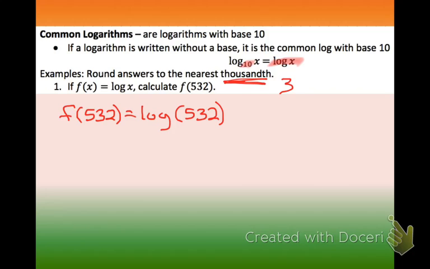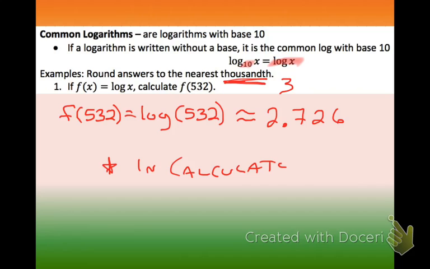So you would push the log button, 532, close your parentheses, and you would hit enter. And it's as easy as that. And when you do that, you'll notice that it is going to be 2.726. So just plug this in the calculator. And that's it. That gives you your answer.